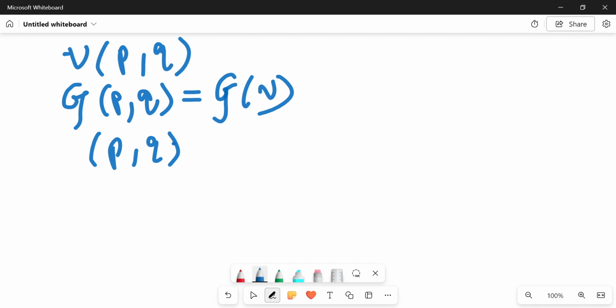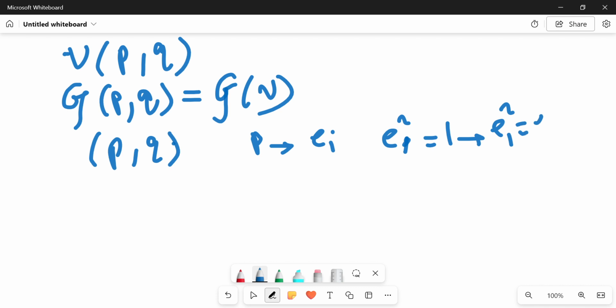P refers to the number of unit vectors, e_i, that's equal to plus 1, which means e_i square equals 1. Means e1 square, which is e1, equals 1.